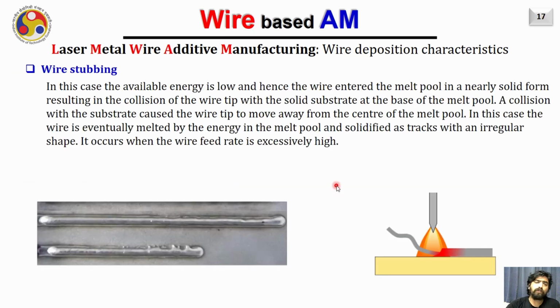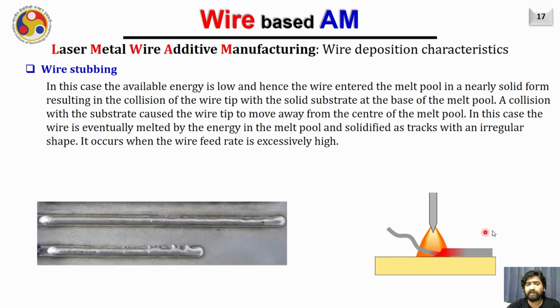However, it may also be possible that you have increased the wire feed to such a high value that the wire is not able to absorb enough energy from the laser beam, so instead of the tip melting close to the melt pool, it is getting plunged into the melt pool.